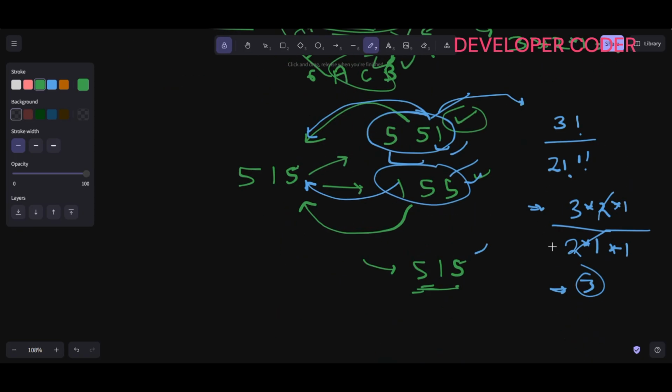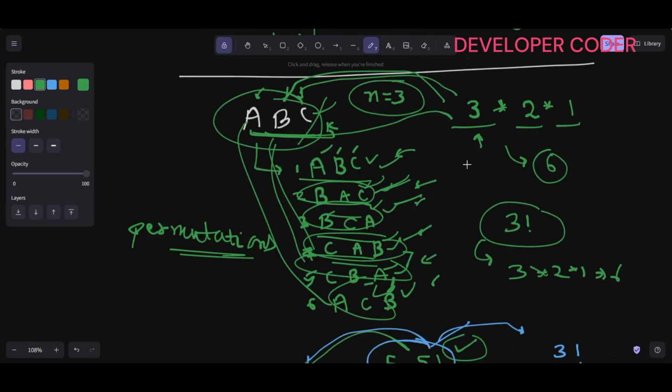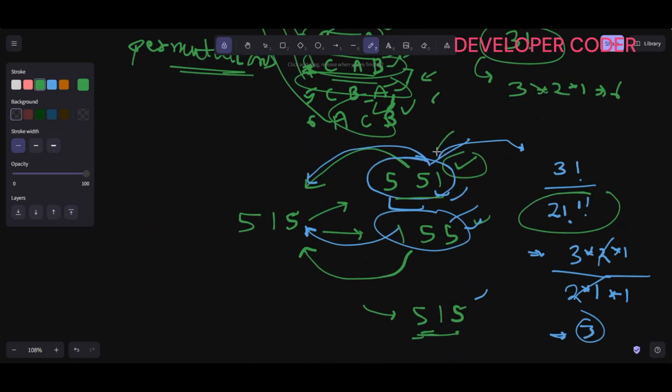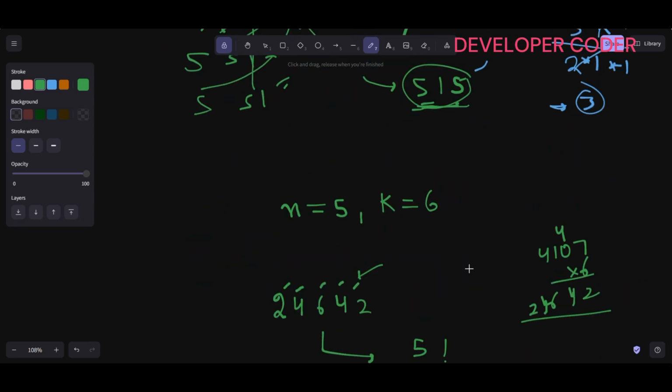You already know how we are removing duplicates here. When all the numbers are distinct we were getting 6, but in the case of 551, size is the same and equal to 3, but we are getting only 3 different ones, because there are some duplicates. Here first you write this 5, then this 5, and then 1. In the other example, first you write this 5 and then this 5 1. But these are duplicates, you don't need to count that, right? So that's the reason.